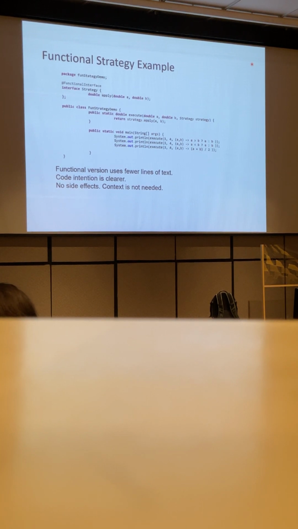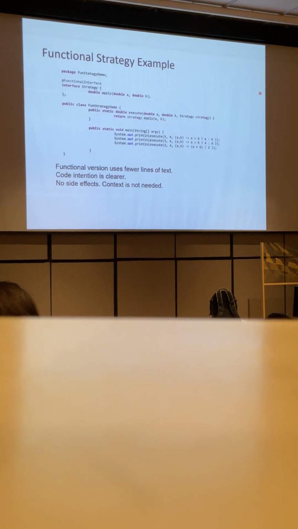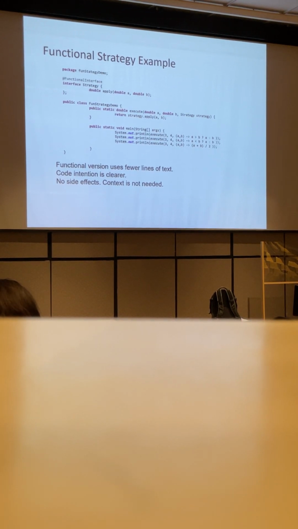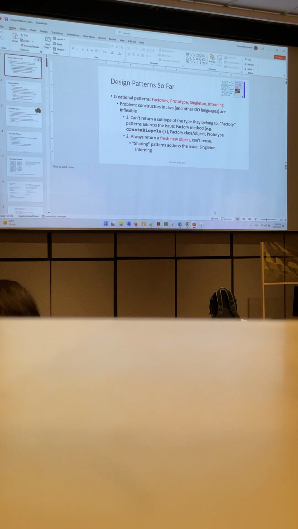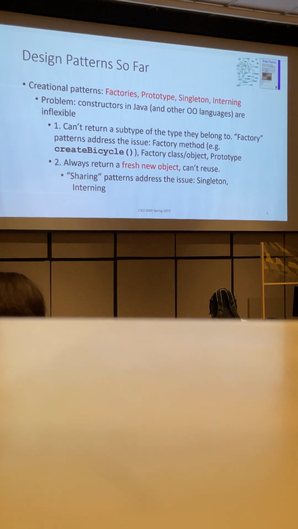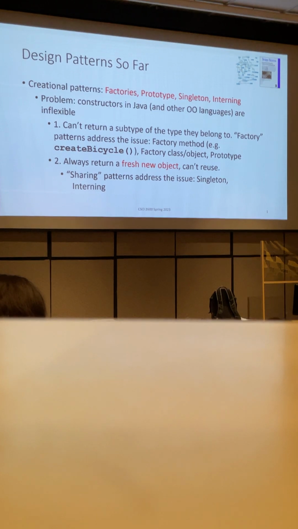I'm not going to be expecting you to write any lambda functions or use streams or any of the more functional features of Java. So let's stop here, and we have more patterns. That's why I'm skipping some of the less important stuff, so that we can cover more useful design patterns.